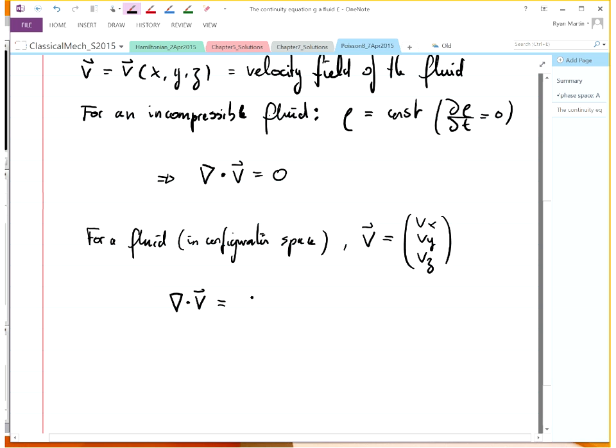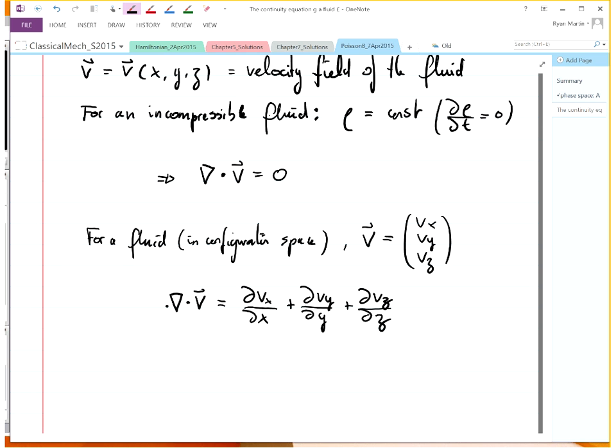And so the divergence is ∂Vx/∂x plus ∂Vy/∂y plus ∂Vz/∂z.